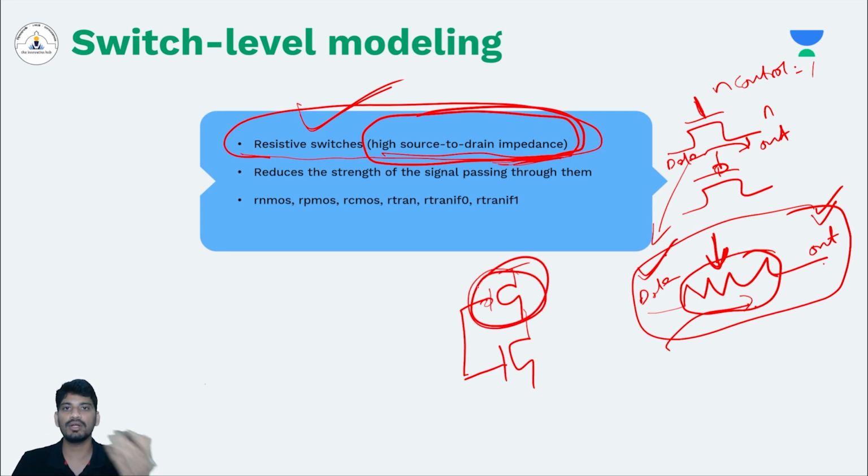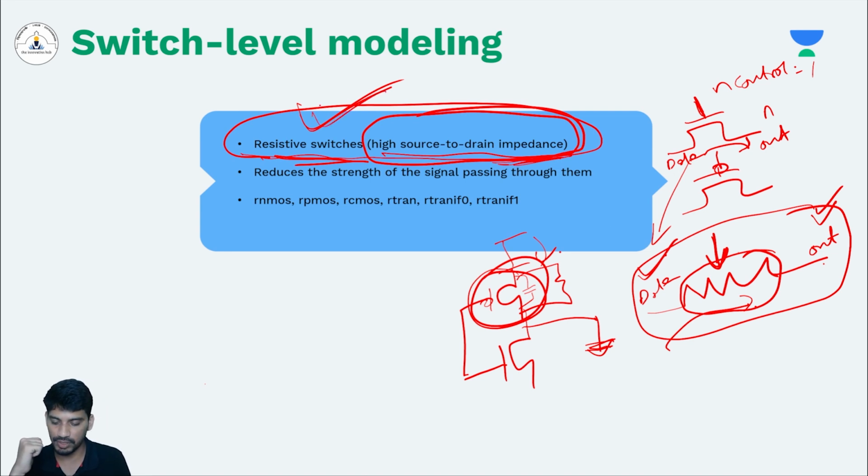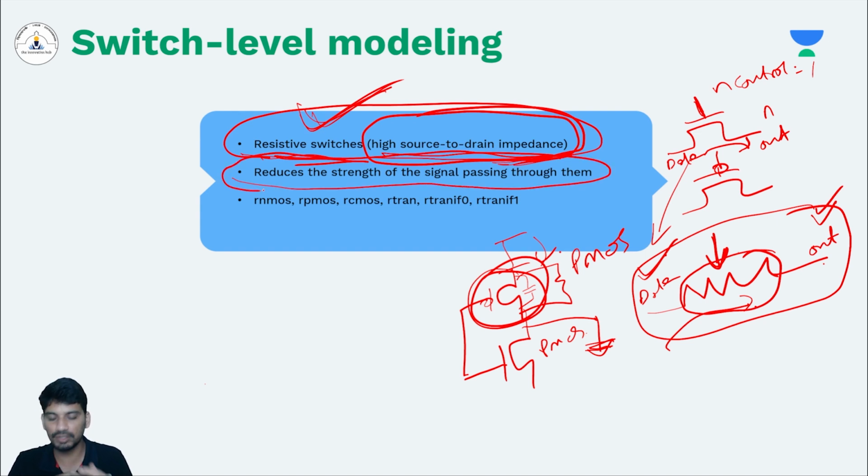They have their own output impedances and input impedances and a lot of capacitances also. So to emulate this property, we will have resistive switches in which the signal strength is down converted from input to output. So the purpose of these resistive switches is to emulate the real world behavior of MOSFET switches. Okay. So this is the purpose, to reduce the strength of the signal passing through them.